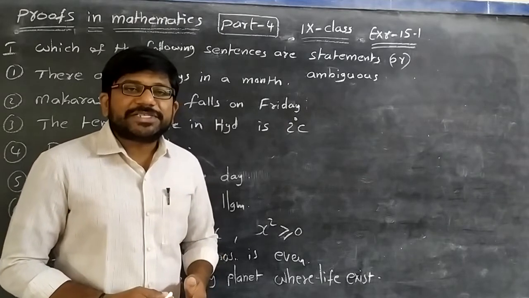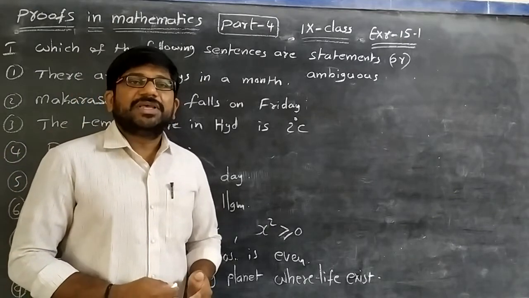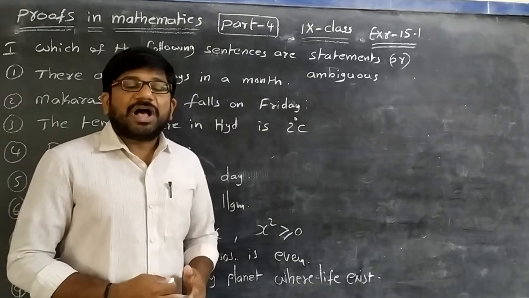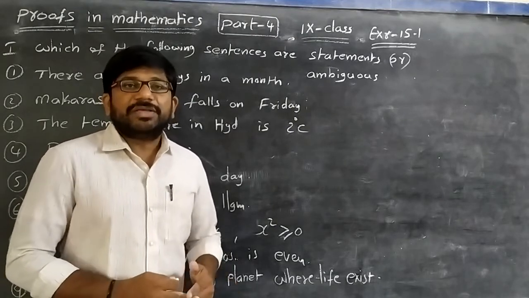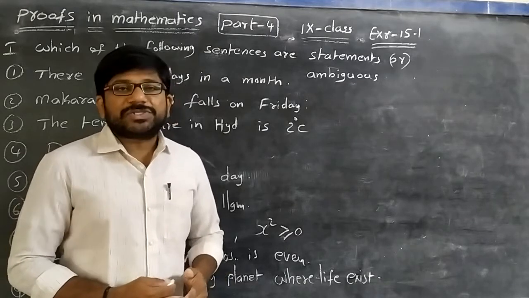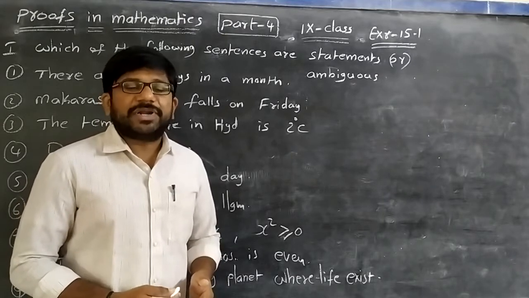Otherwise, the sentences are called ambiguous, meaning open sentences. Open sentences are not clear, not decided, whether they are true or false. But for statements, we can decide whether they are true or false.